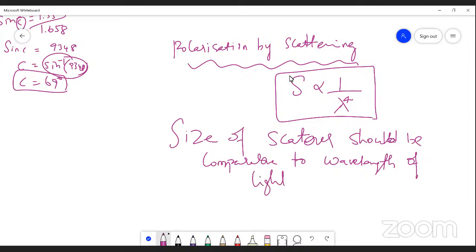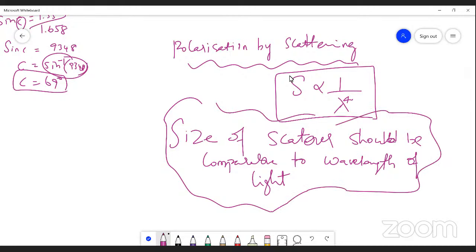This is a very important condition of scattering. So polarization by scattering means light is also polarized due to the scattering of light by small particles.